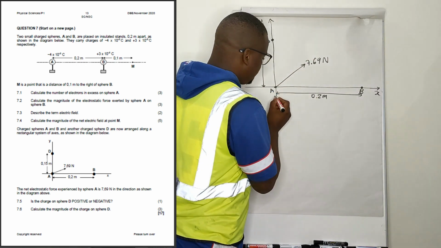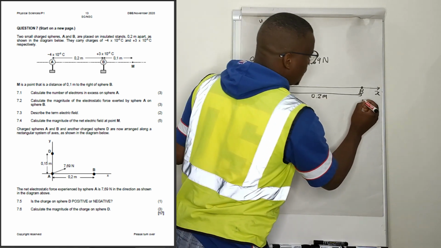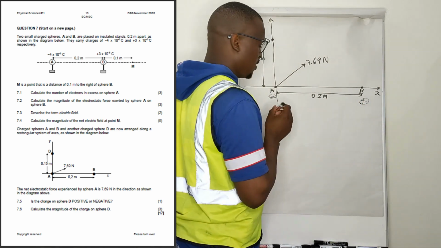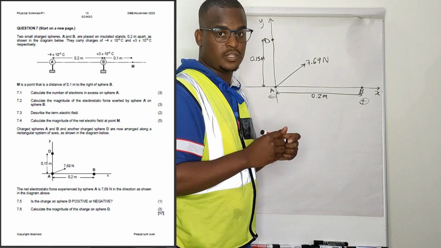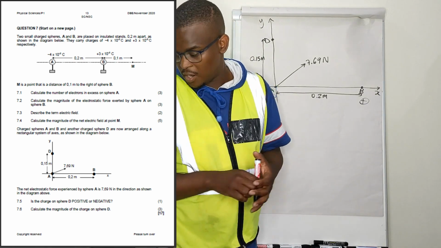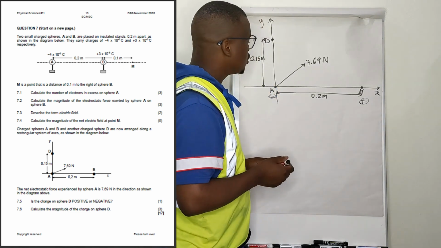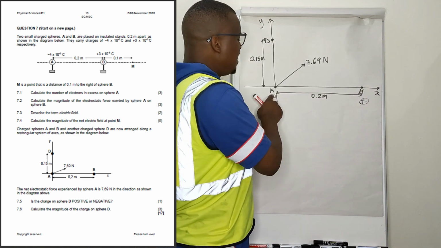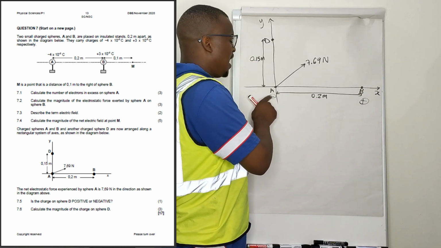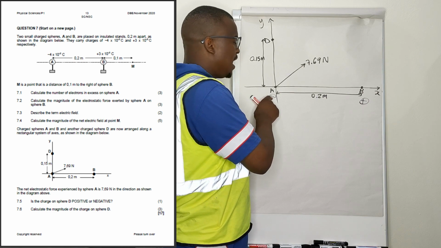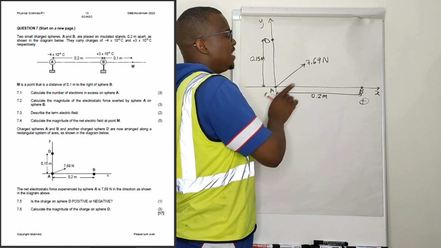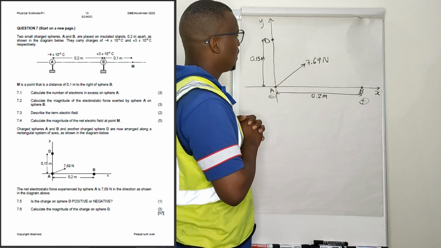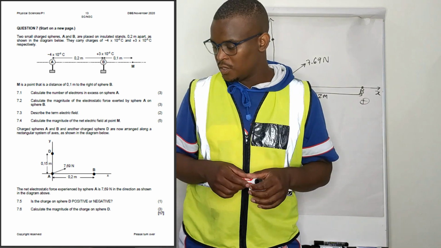We know A is negative, B is positive, from the previous question. So A is experiencing a net electrostatic force of 7.69 newtons in that direction. This is what we're told.